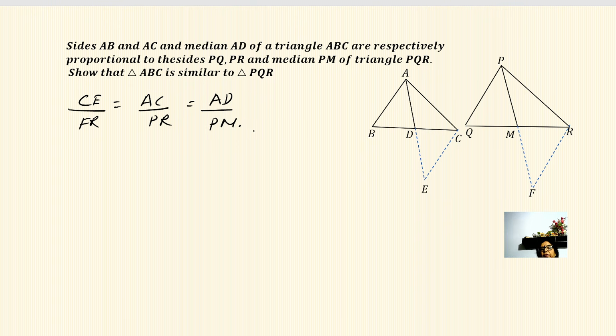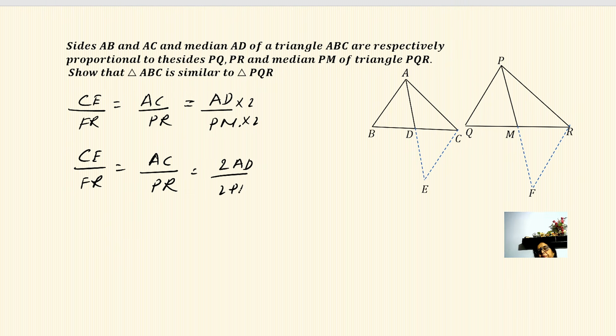So now what we are going to do is multiply this AD by PM by 2 and 2. So we get CE by FR is equal to AC by PR is equal to 2AD by 2PM.